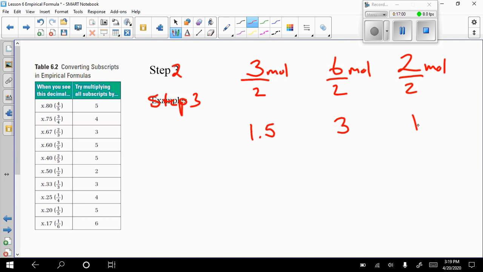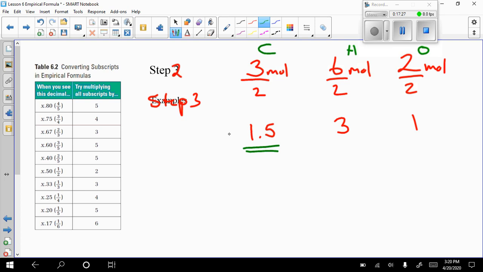We'll say that was carbon, that was hydrogen, and that was oxygen. Now you're going to write your empirical formula, but unfortunately you can't round the 1.5. It's not within 0.05 of a number. You can't round it to 2 because it's too far away.